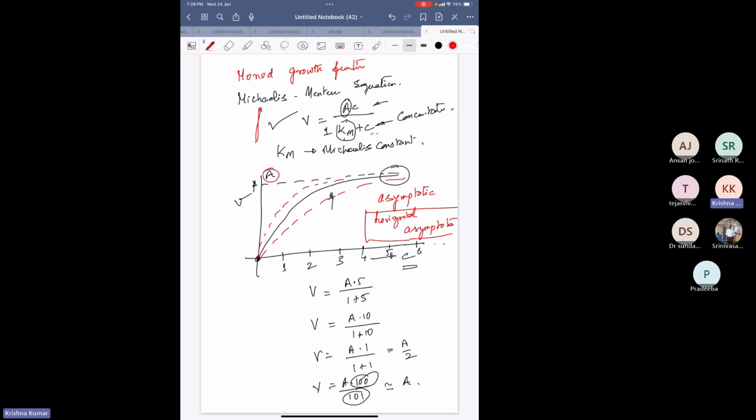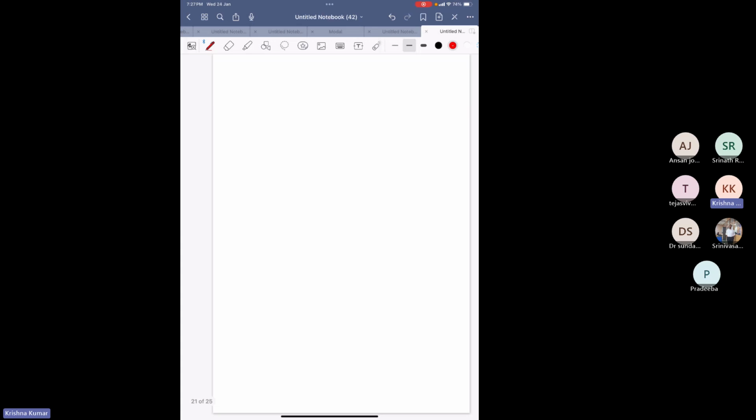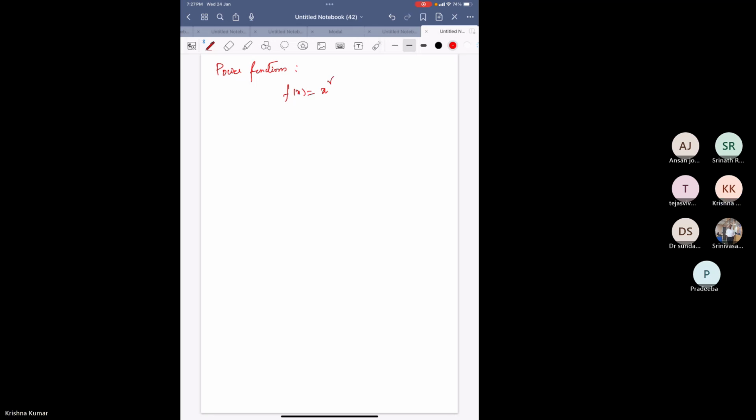Before we go to the transcendental functions, let us look at what are called the power functions. Again, they are very useful. Power functions are of the form x power r, so the function f(x) is equal to x power r. So how does this look like?